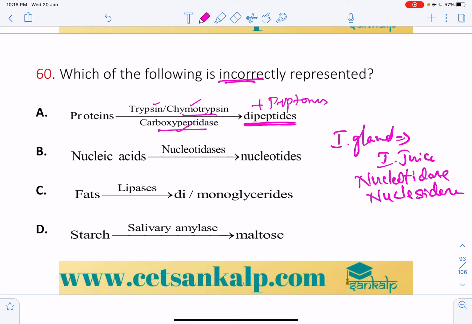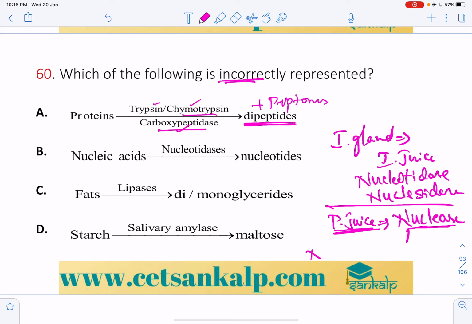Whereas nuclease is present in pancreatic juice. This is very, very important. Nuclease acts on nucleic acids and converts them into nucleotides, and on those nucleotides nucleotidase will act and convert them into nucleosides, and on that nucleoside nucleosidase will act.